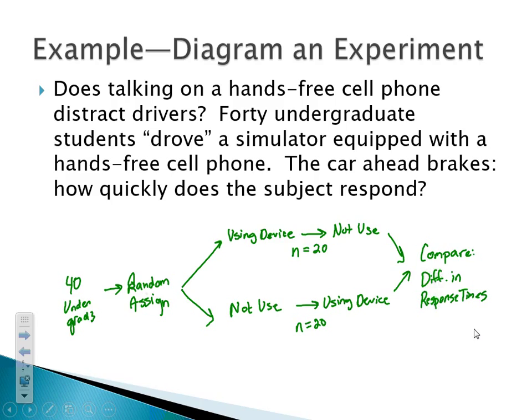But let's say in this example, they're using the device and then not using it, and we don't really see a huge difference. Again, it's going to help give us more information. We might see that really it's just a placebo effect. There's some other lurking variable out there having an impact on the results of this study.